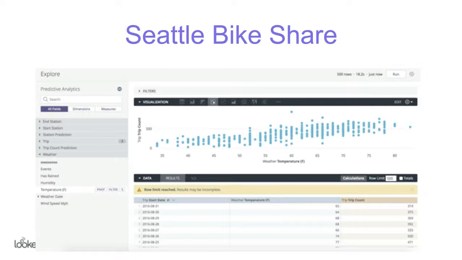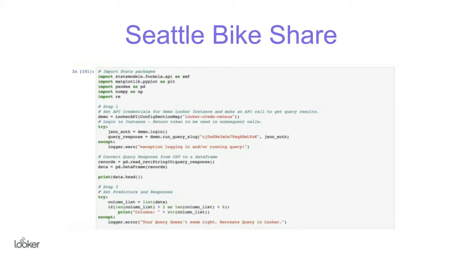So let's pull this data into Jupyter Notebooks via the Looker API, and let's apply a model on it. If we decide that we need to pull in different dimensions, so we've pulled in temperature and we've pulled in trip counts, say we want to see how humidity affects the trip count, we can easily go back into Looker and just click on that particular field and send that data directly into Jupyter Notebooks and update the model.